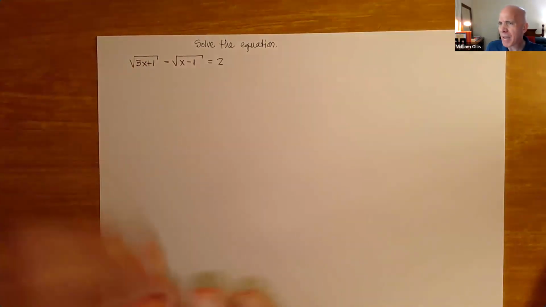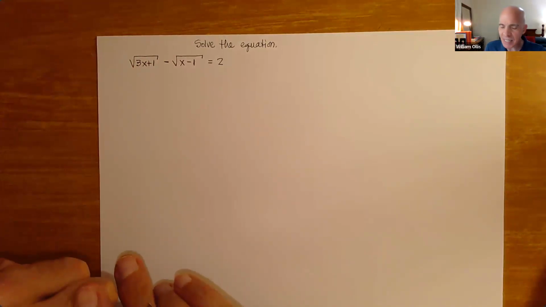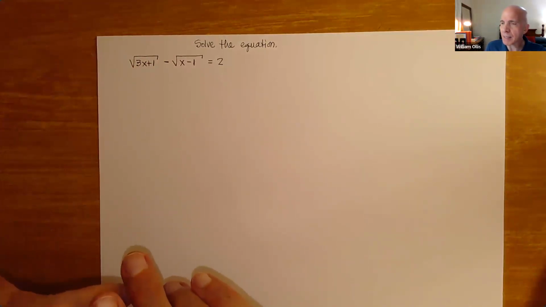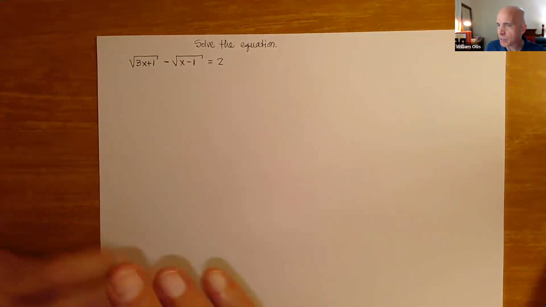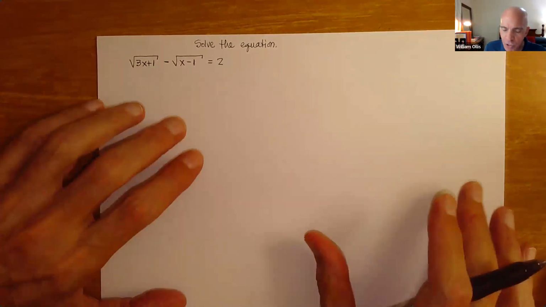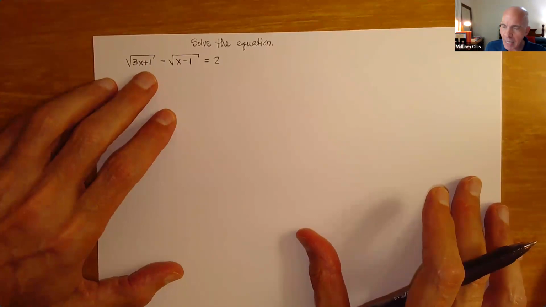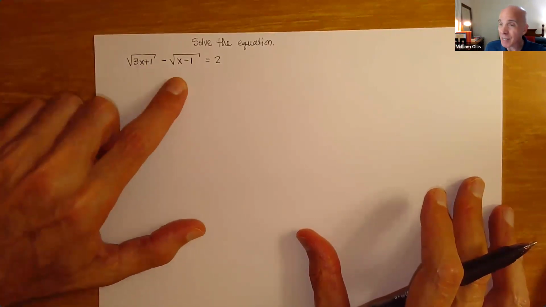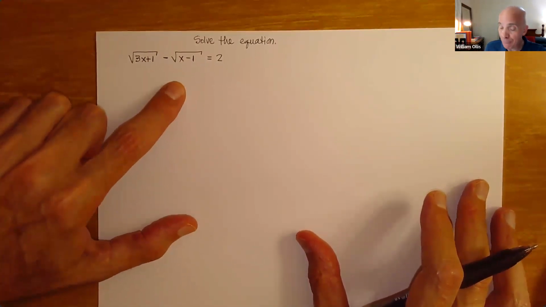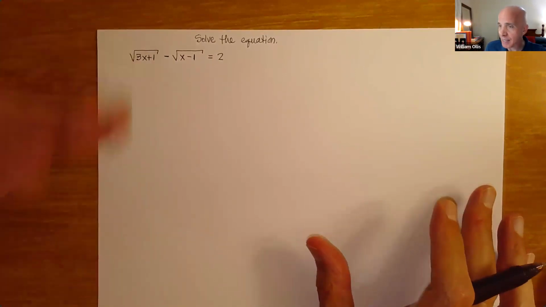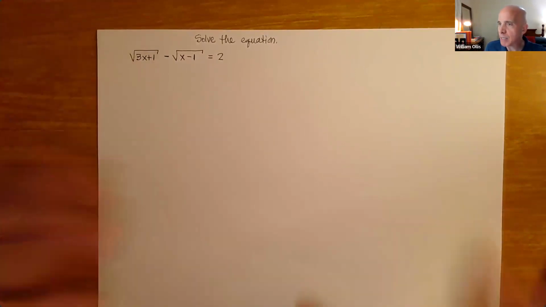And that would be a way to do it, but it gets a little bit complicated. It's not a bad way to do it. It certainly works. But usually the first time you do this, it might be easier just to isolate one of the square roots and then square, isolate the last one and square again. But I'll leave that up to you.